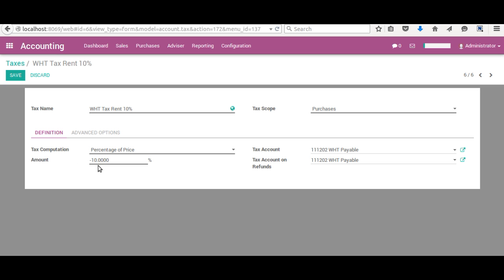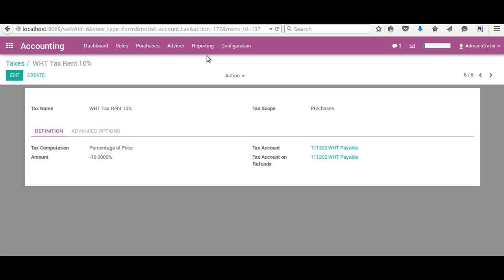I actually want to deduct it, because I want to deduct a certain tax from an invoice value so that I can get to the net amount the landlord of the property is asking for. So my tax computation basis is still going to be on percentage of price, but my amount will now be minus 10% if 10% is the withholding tax rate on rent. So let's save that. And then let's go to the landlord's invoice.